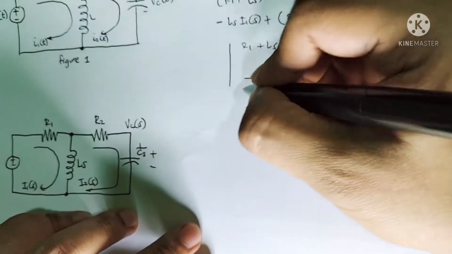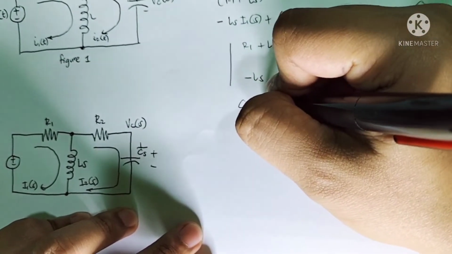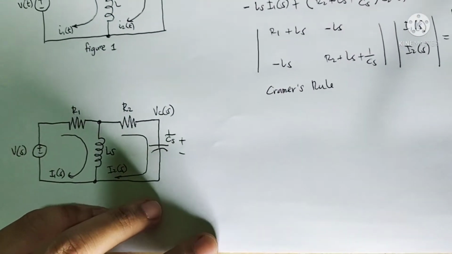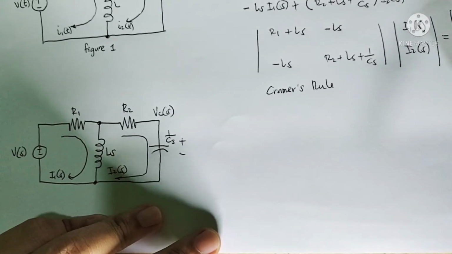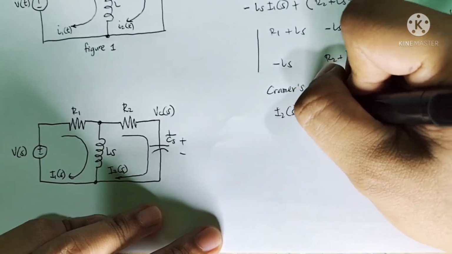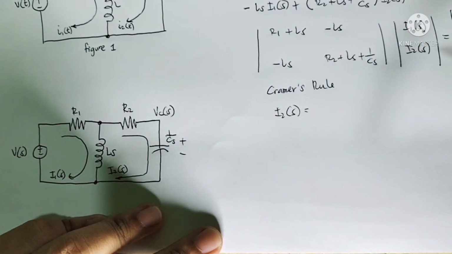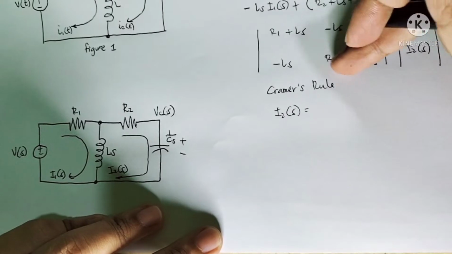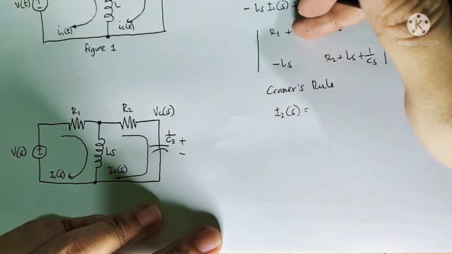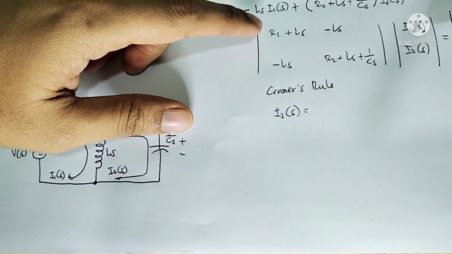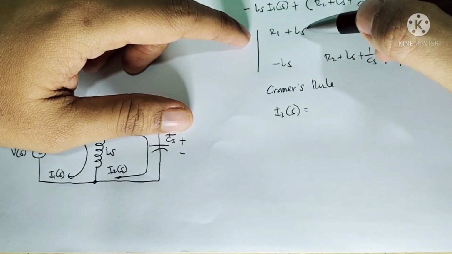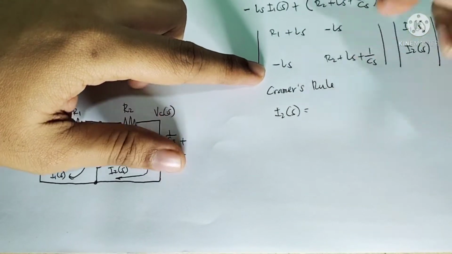By Cramer's rule, we can find the transfer function. If you want to find I sub 2 as a function of S by Cramer's rule, the formula will be: since this is I sub 2, the coefficients R1 plus Ls and negative Ls.